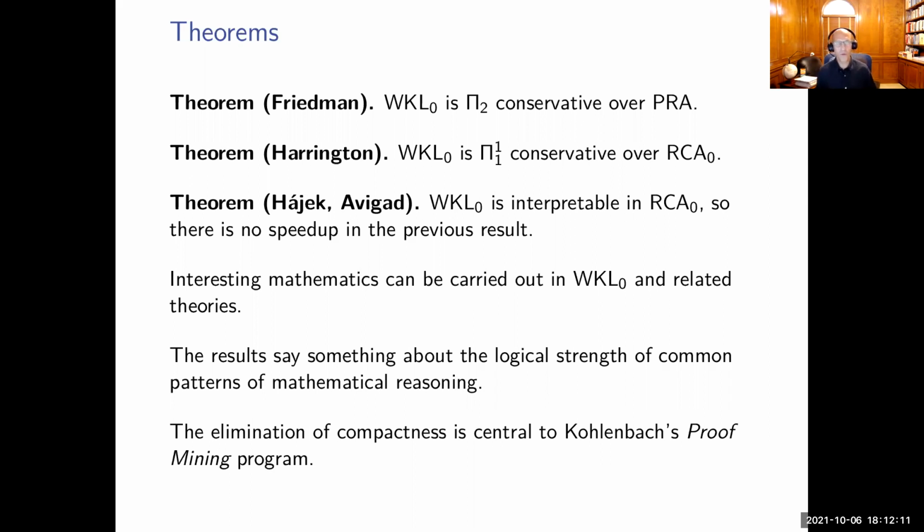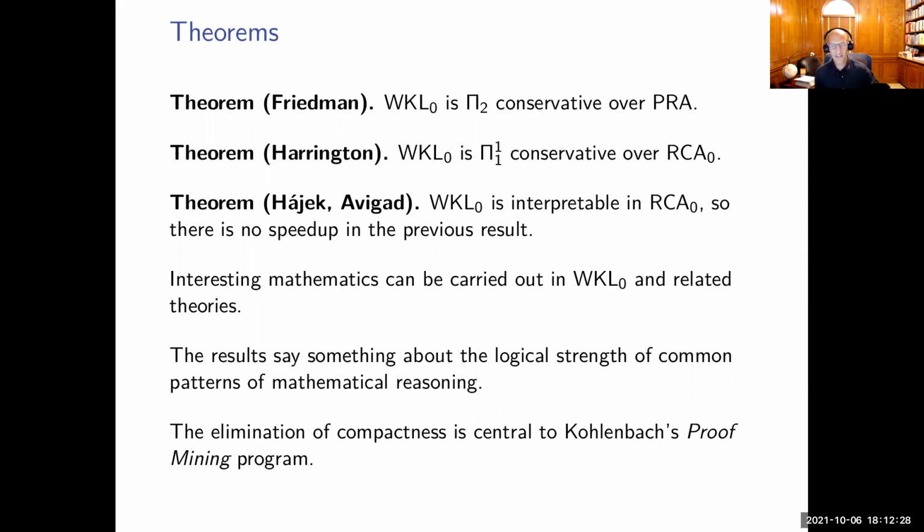And so, when you put it all together, what do you get? Well, the idea is that you can carry out interesting mathematics in WKL naught and related theories. So it's an interesting portion of mathematics that is represented there.